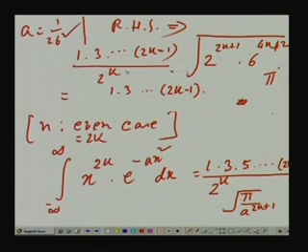This 2 to the power k is cancelled, then sigma to the power twice k is equal to n, and this additional term 2 pi and 1 sigma.